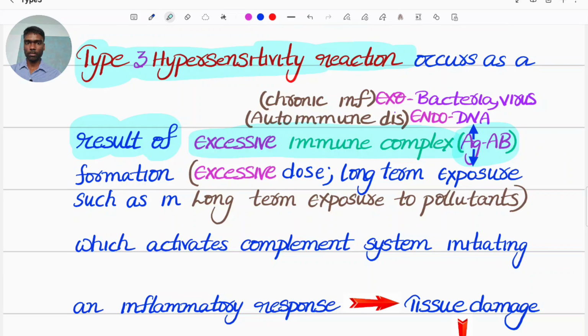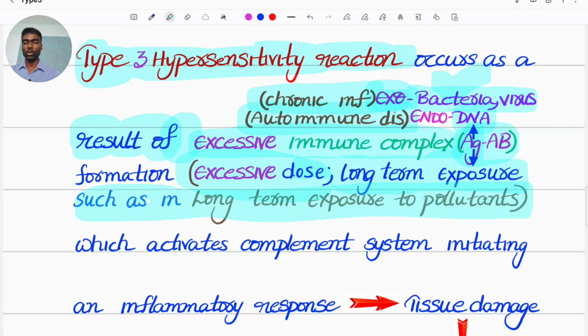Whereas here in type 3 hypersensitivity reaction, excessive immune complexes, which is not normal, will be formed because of excessive dosage of long-term antigen exposure, like exogenous antigens, bacteria, viruses in chronic infections, bacteria like Mycobacterium leprae, autoimmune diseases like autoantibodies against DNA like SLE, and long-term exposure to environmental pollutants.